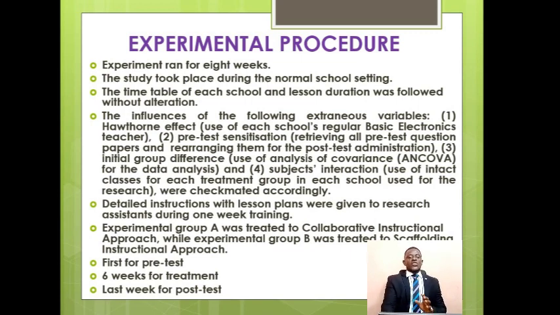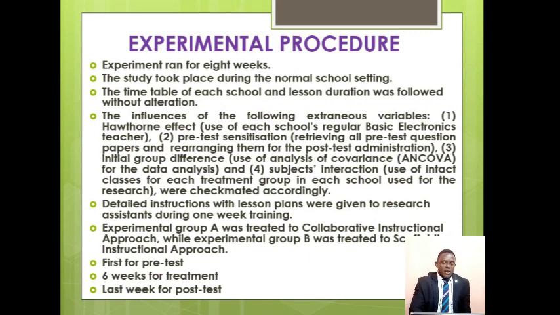Now, in the course of this experimental activity, some steps were taken to checkmate extraneous variables. There were some measures put in place to ensure that the experiment is as valid as it can be, and that is to control for the influence of extraneous variables.